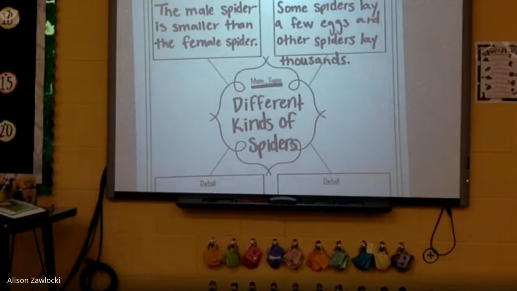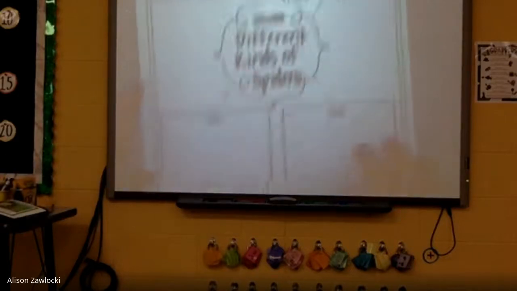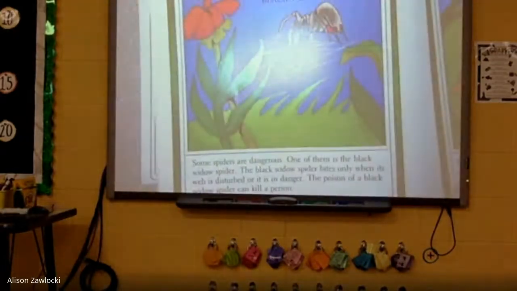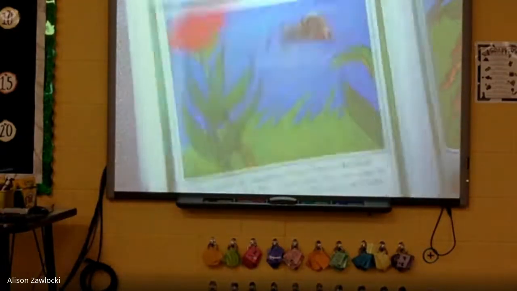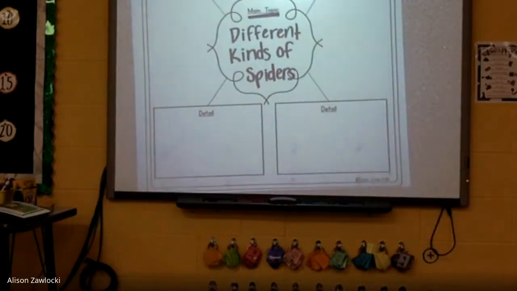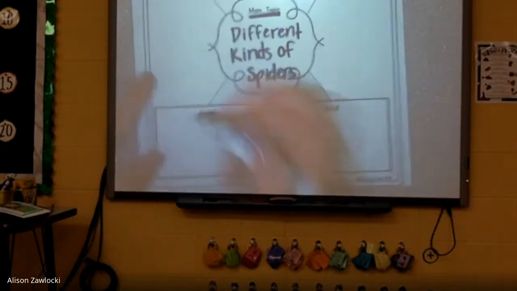So let's write another detail. Let's write about this spider right here. That's the black widow spider. A black widow spider can kill a person. That's pretty crazy. It has some poison in it that it can actually kill a person. They're very dangerous. So let's write that.